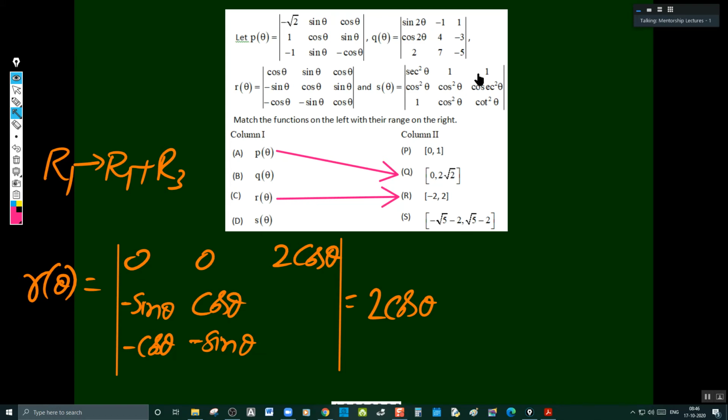Here also you can make 1, 0 and find out the determinant. Okay, moving on to the next question, please.